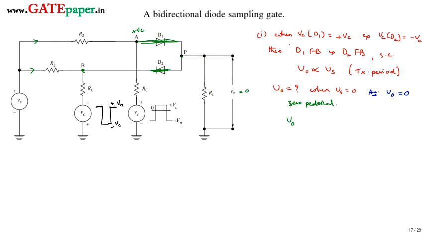So V0 is only a function of Vs. At present, what we can conclude is V0 is only a function of Vs, because at any instant of time node P is supplied with the same amount of positive and negative voltage. That's why the effective voltage with respect to control voltage is 0 at the output node. Now the second case.